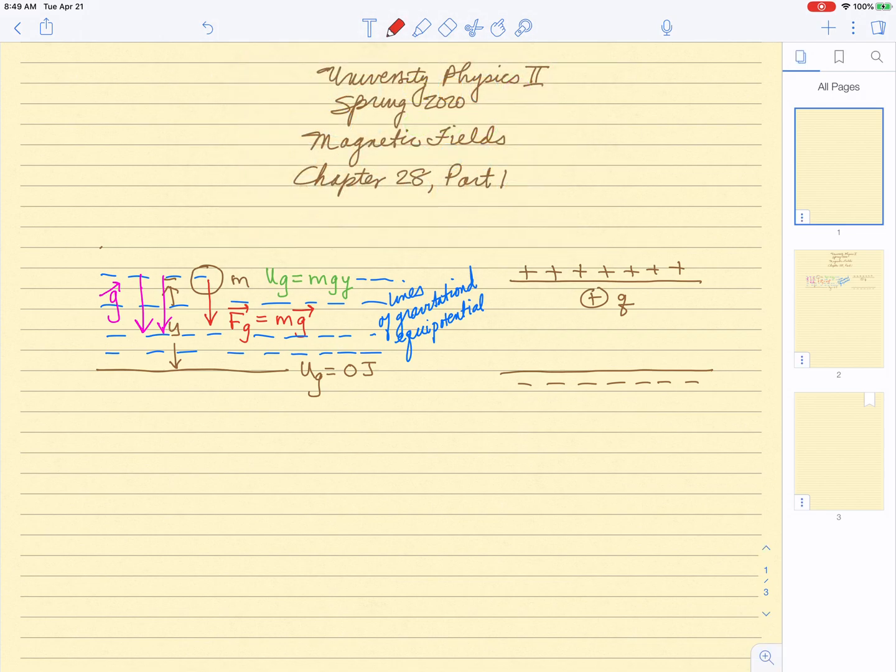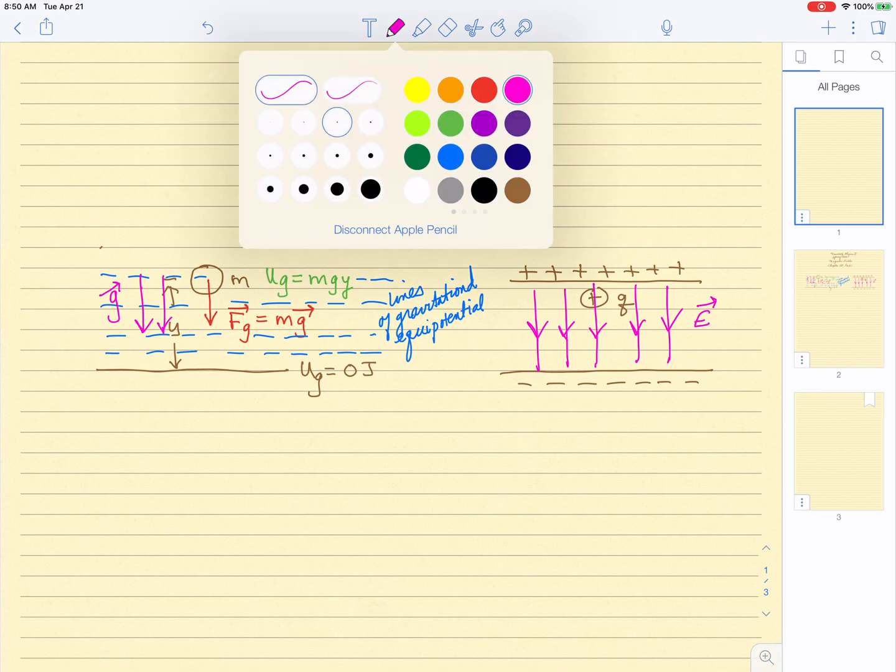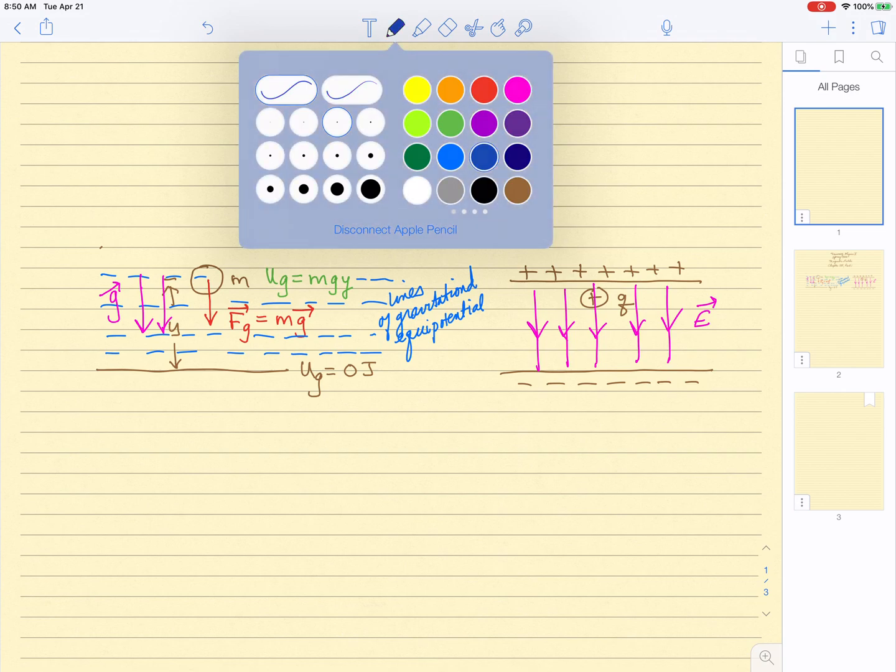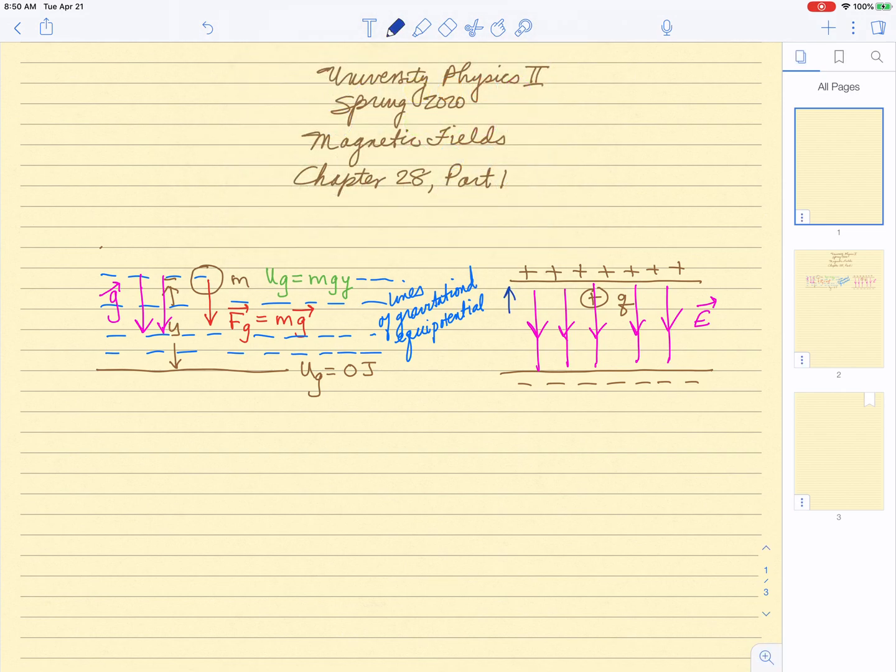We know that there are electric field lines between the plates. We know that they are constant as long as the plate separation is small relative to the length of the plates. And again, that's to suppress what are called fringing effects.